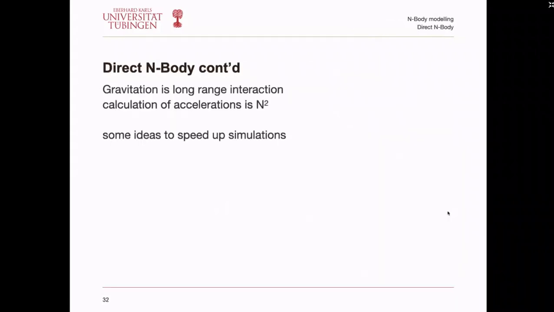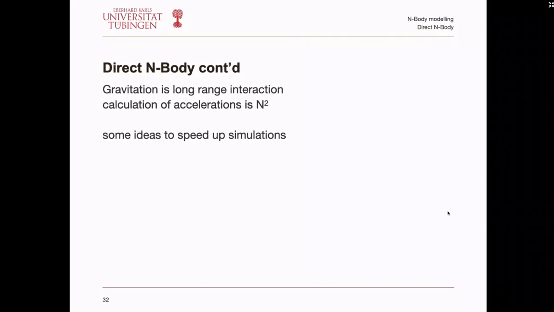So what I want to talk about in the following is that we have now seen the methods of how to integrate the equations of motion for n-bodies, but as you probably already know, this calculation of accelerations is very slow and cumbersome as soon as you go to high numbers, because you have to calculate the acceleration with all n other particles.